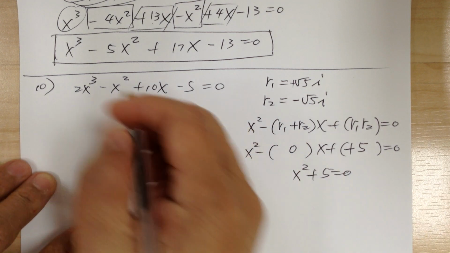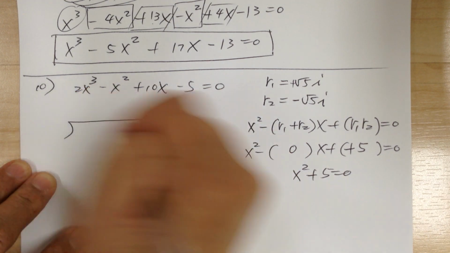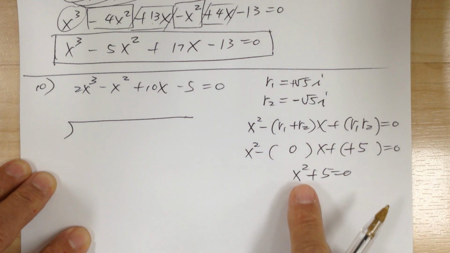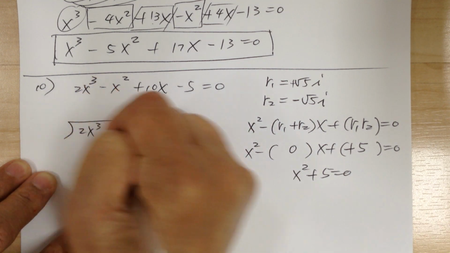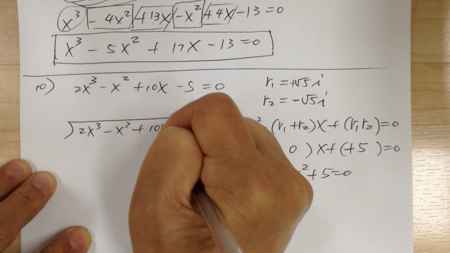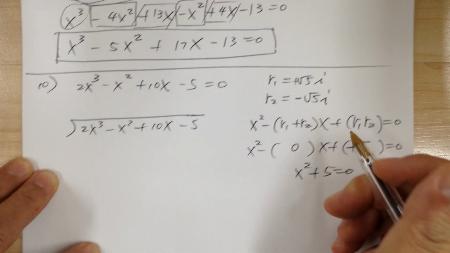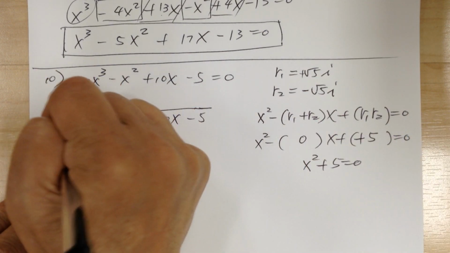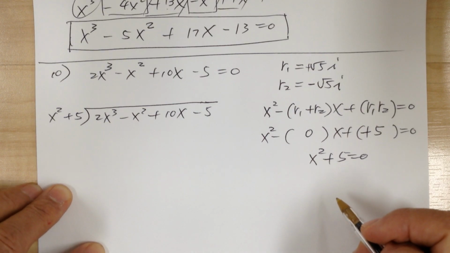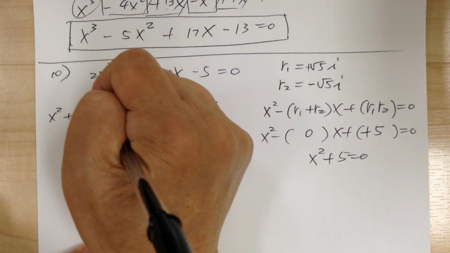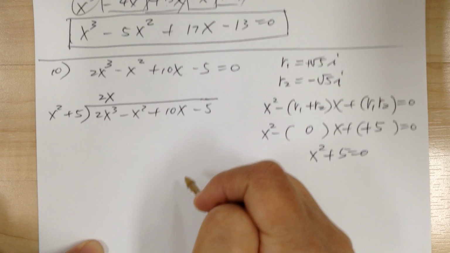Now we can use long division. You cannot use synthetic division because it's a square. So you have 2x^3 - x^2 + 10x - 5 divided by x^2 + 5. You need a 2x.